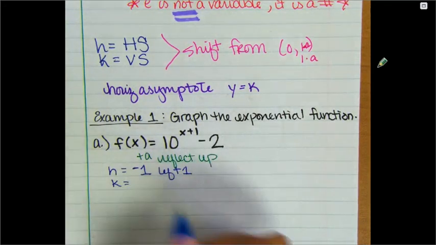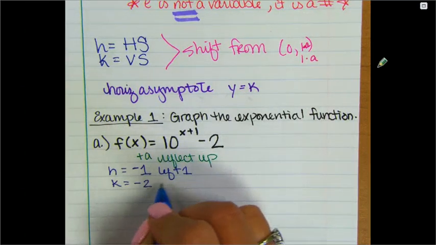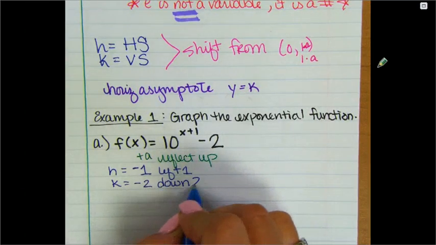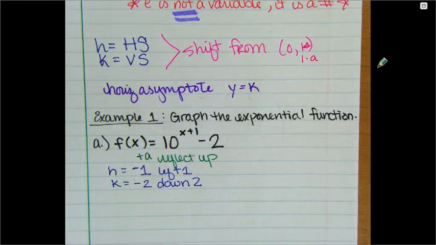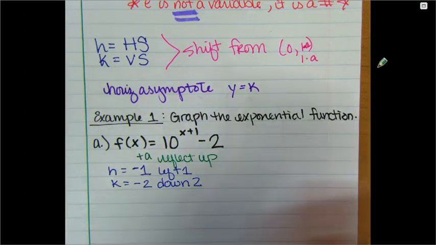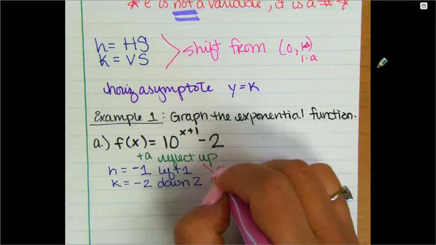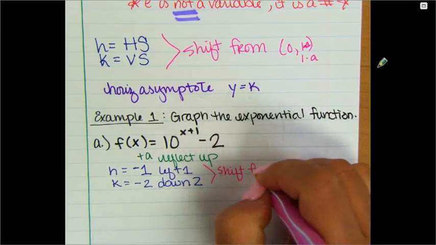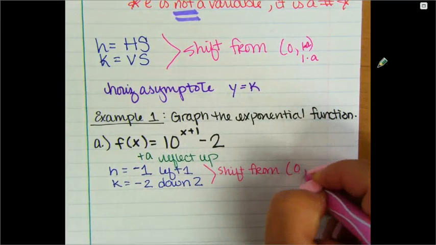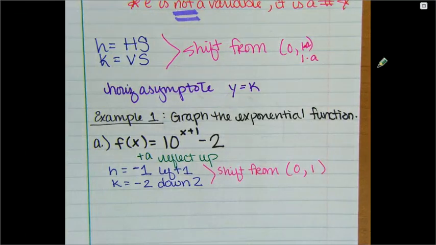K. Negative 2, down 2. Remember, you're shifting from where? 0, 1. We can say 0, 1 now because remember it was times A, and we know A is just 1, so it's just 1. All right? So nothing weird there.